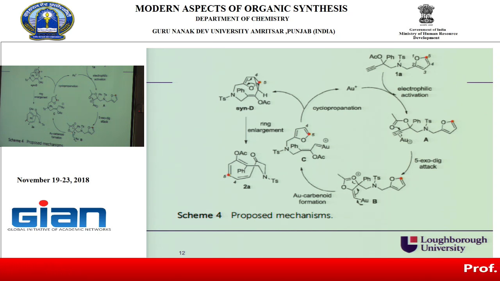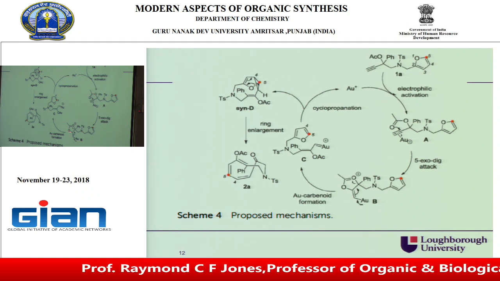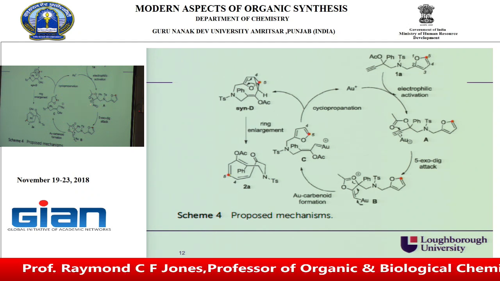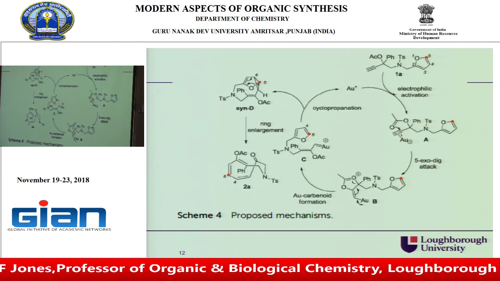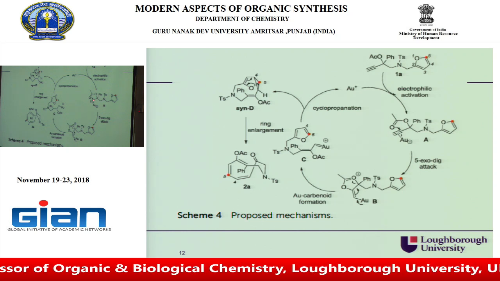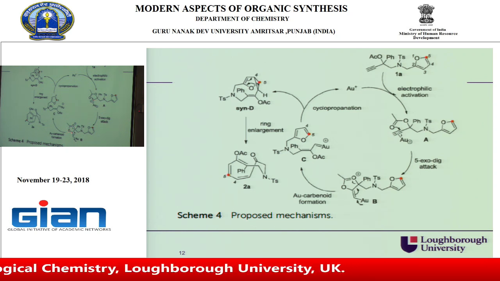Then the bit that I didn't realize until I saw this was that overall this acyl group ends up migrating. One C-O bond is formed to the alkyne, and it can only reach the near end of the alkyne, so that's where you form this 5-membered intermediate.